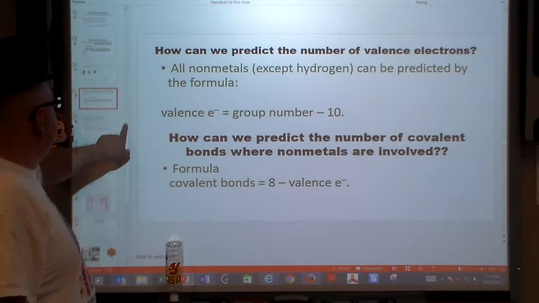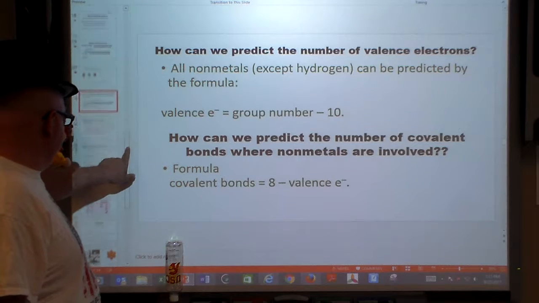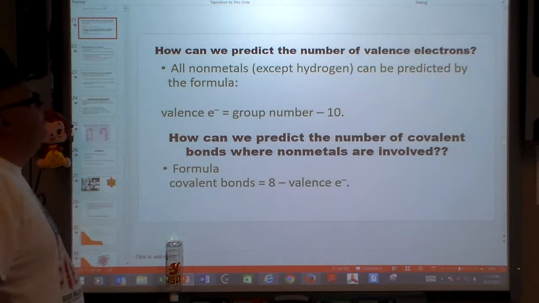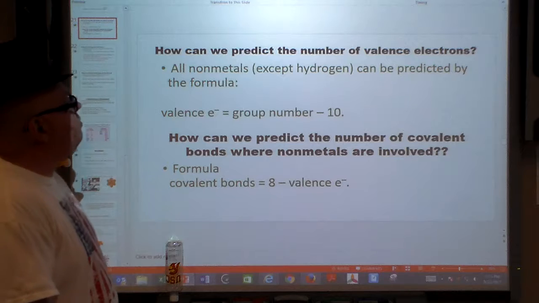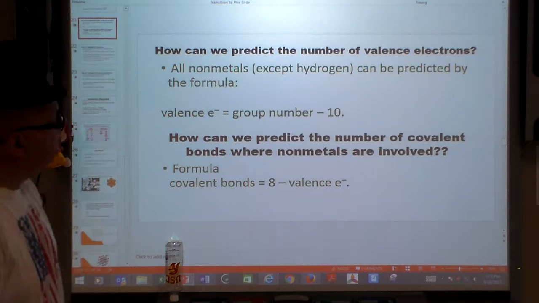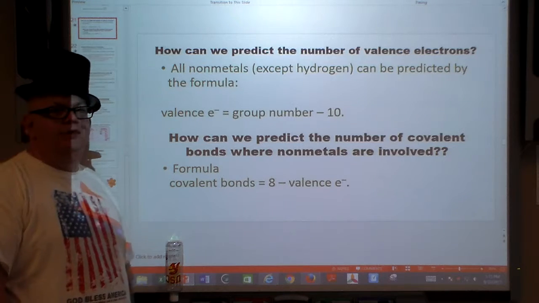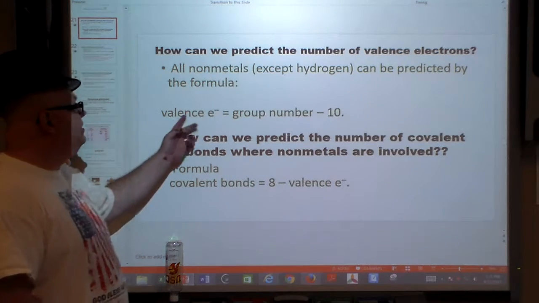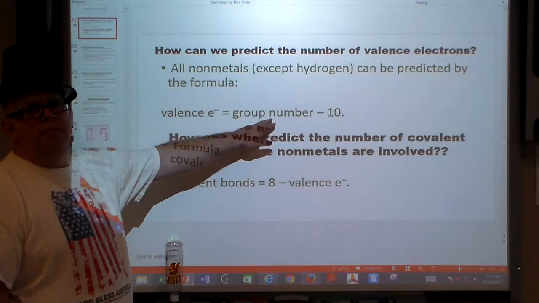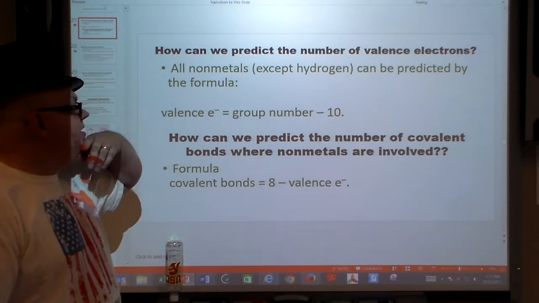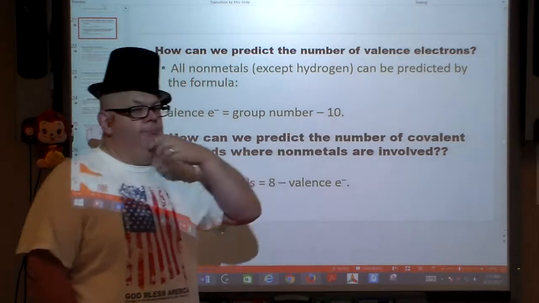Now, is there a way to predict valence electrons? Yeah, there is. So how can we predict the number of valence electrons? Well, all nonmetals, except hydrogen, can be predicted by the following formula. The valence electrons is equal to the group number that your element is in, minus 10.